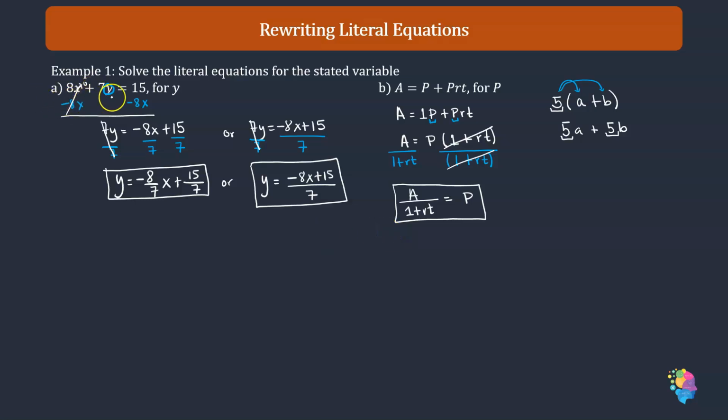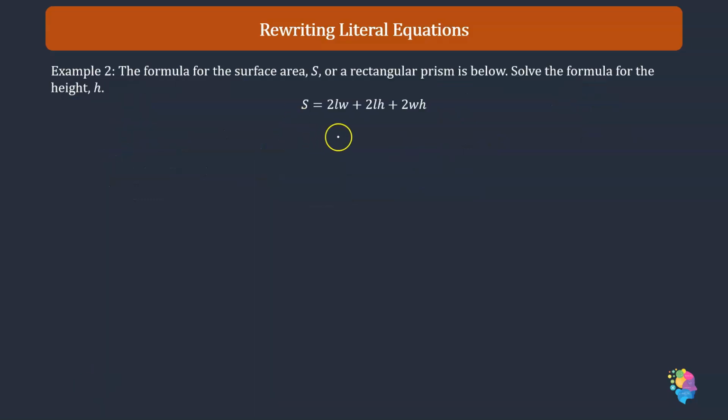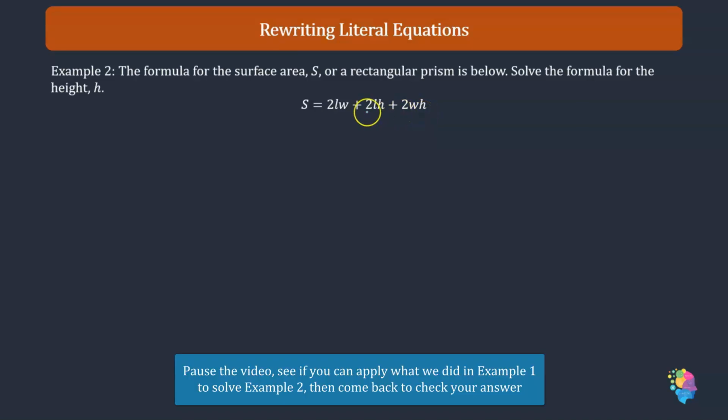For this first one, we wanted to solve for y, so we moved anything that didn't have the y first, and then we divided by what was multiplying the variable we wanted to solve for. In this case, it reads that this is a formula for the surface area of a rectangular prism, and they want us to solve for h.